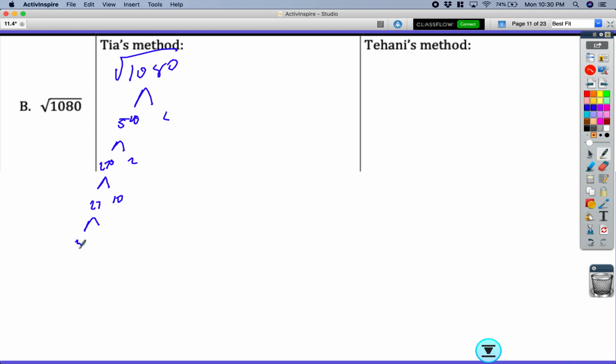And then I just have 3, 3, 3, and then 2 and 5. So what I'm essentially looking at here now is 3 to the third power, so I got 3 of these, 1, 2, 3, times 2 to the third power, times 5. Okay? And this is all under square roots.